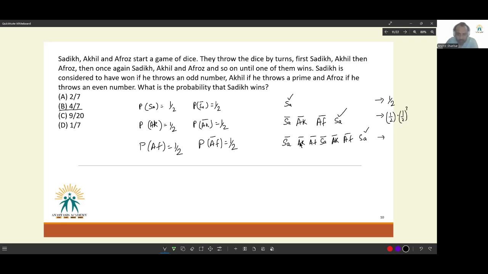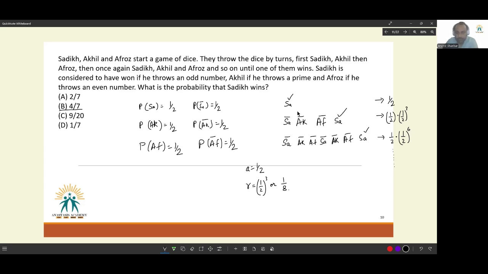The probability of this third line of event happening is 1/2 into (1/2) raised to the power 6. If we keep on writing it down, this will turn into an infinite GP, where the first term is half and the common ratio is (1/2) cubed, or 1/8.